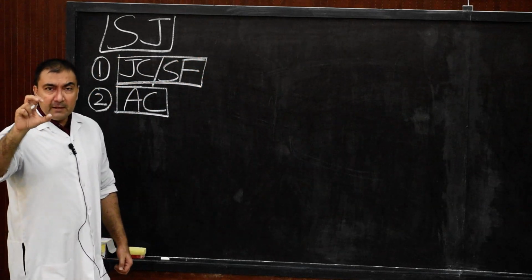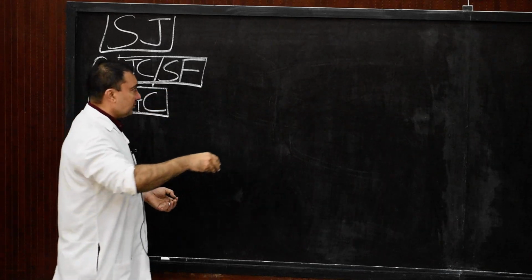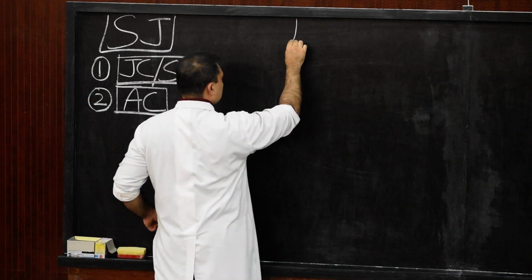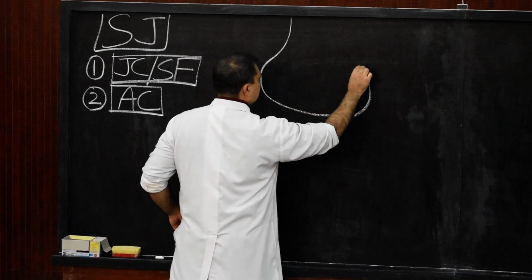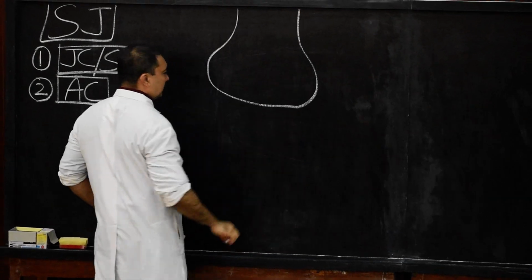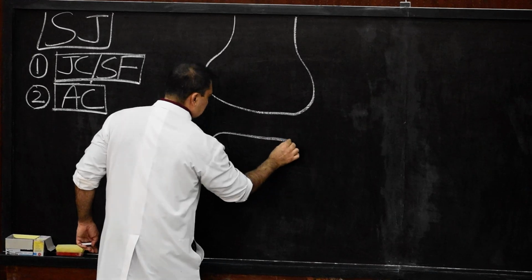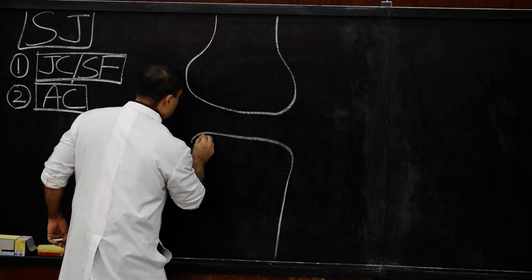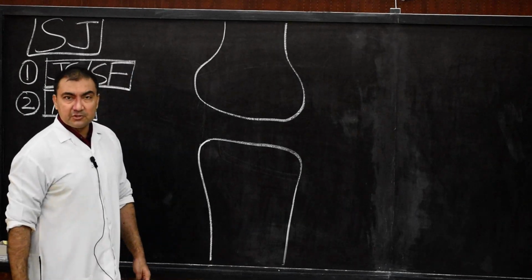So there are 5 distinct features, but in order to understand these 5 features, let us also draw this very important diagram. This diagram is of a synovial joint. Here, these are the two bones which form the synovial joint.